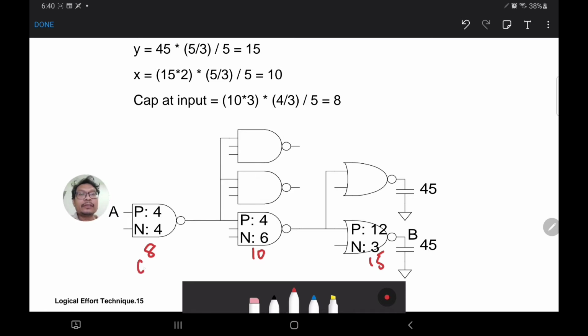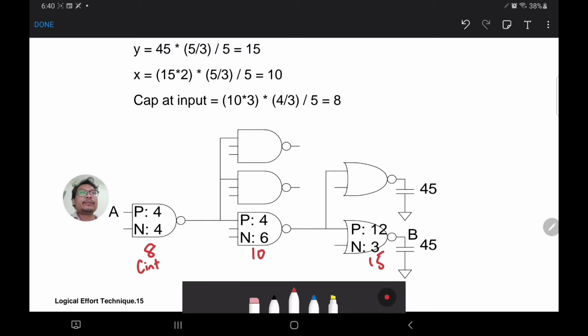This is the C intrinsic of the logic gate. The intrinsic is simply the gate size, or the relative gate sizes.